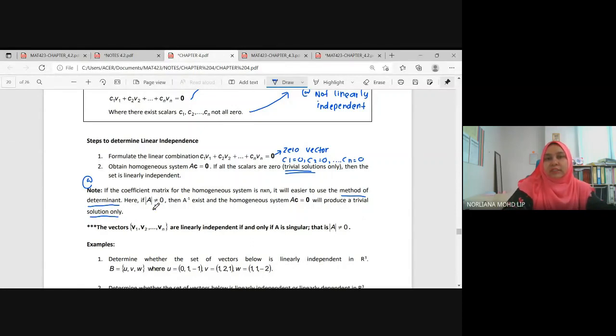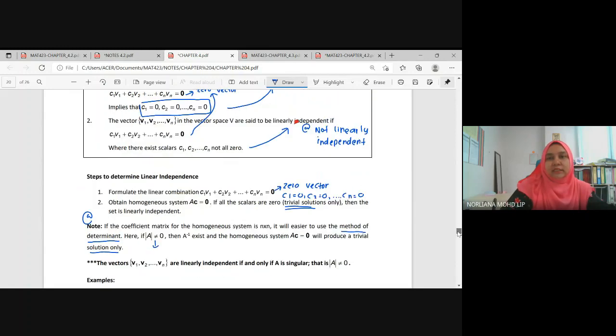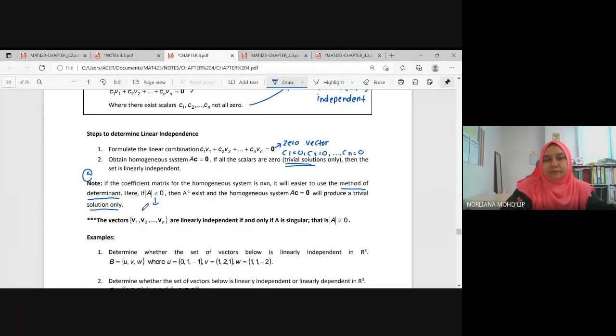So the conclusion here: if the determinant of A is not equal to 0, then this vector set is linearly independent. The vectors V1, V2 until Vn are linearly independent if and only if A is nonsingular, or the determinant of A is not equal to 0.